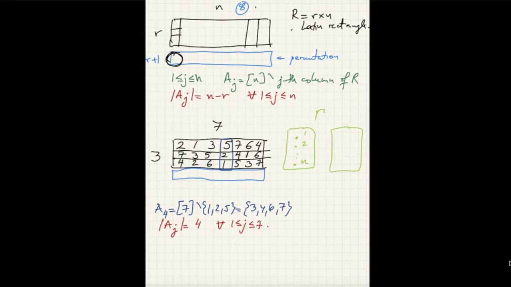So in the situation that we're here below, this part A of gamma has the elements 1, 2, 3, 4, 5. Sorry about that.